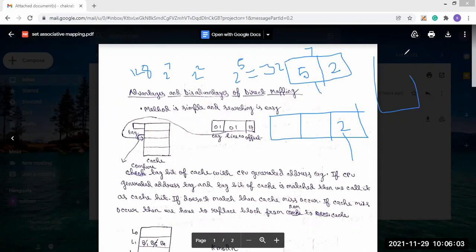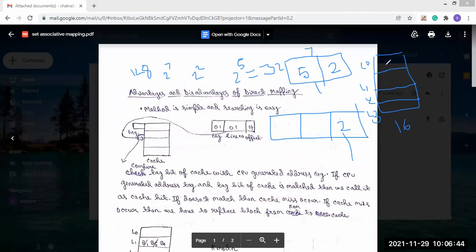If you remember, our cache length is 16 words, and we have divided our cache into 4 lines: L0, L1, L2, and L3. So 4 lines should be present in our cache, because we are considering that at a particular moment in a line, there will be a block present.